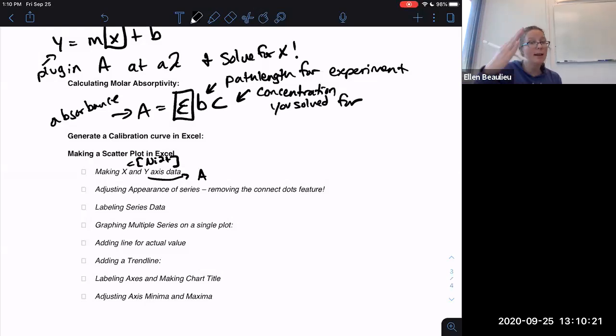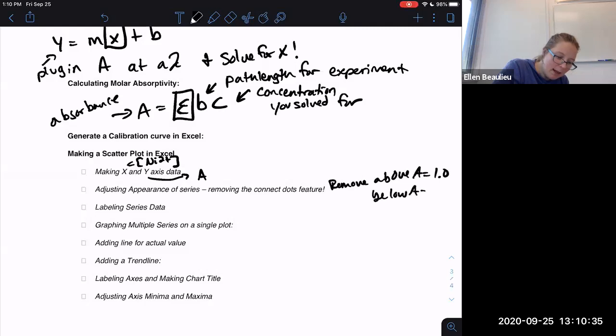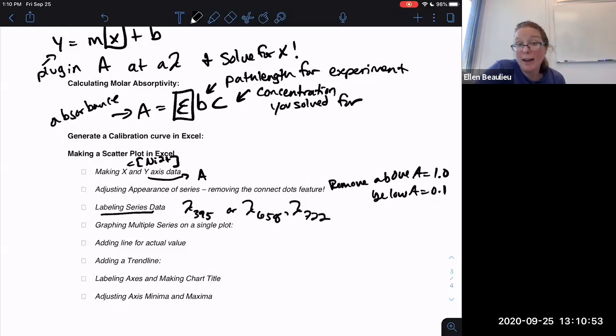You're going to adjust that series to remove any dots that are above A equals 1 or below A equals 0.1 because those are outside of the linear range. You're going to label the series. So label them with wavelength 395 or wavelength 658 or wavelength 722, something that tells me which line corresponds to which wavelength.